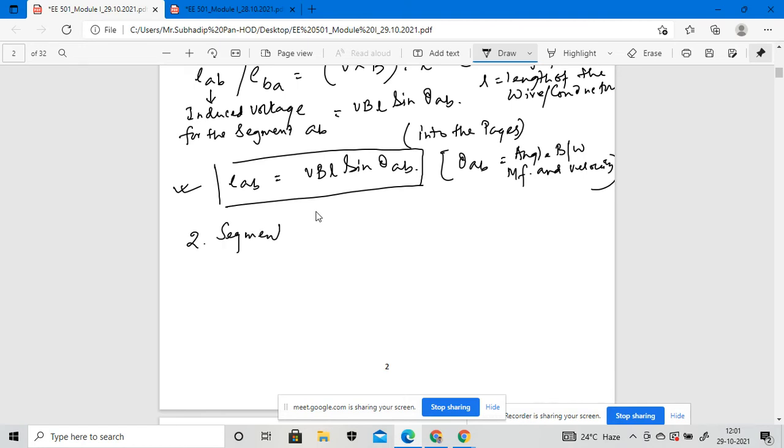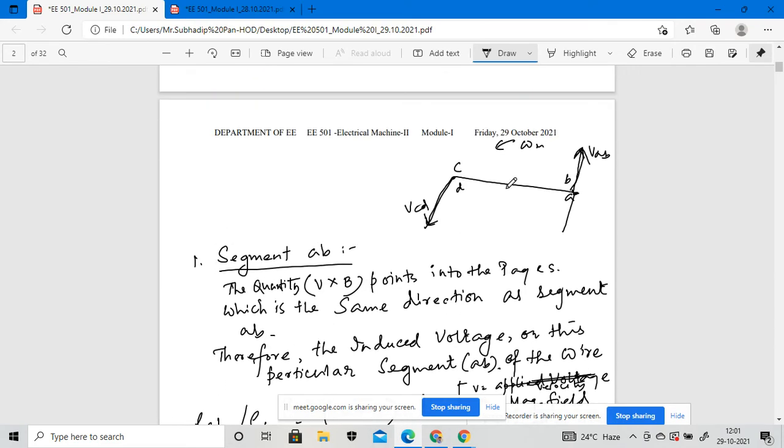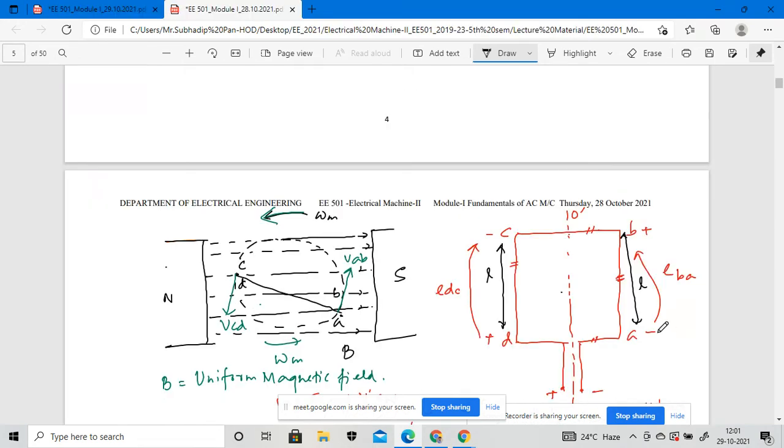For the segment BC, I already told you that this particular segment BC and AB are parallel with each other. So whatever induced voltage is taken into consideration for the segment BC, the same thing applies to the DA segment also.